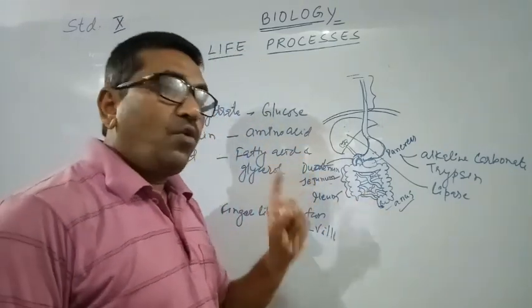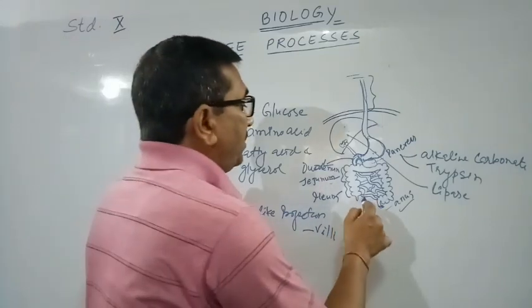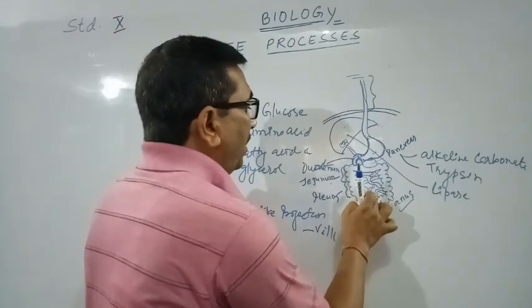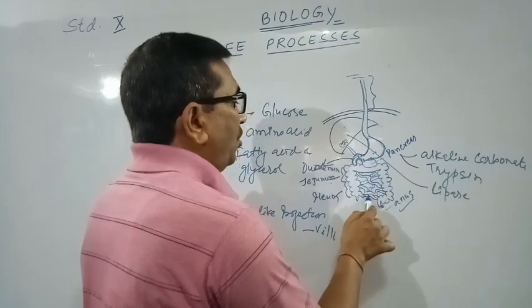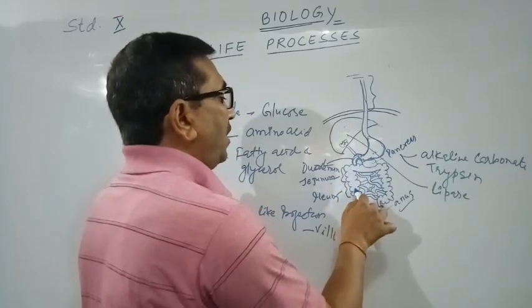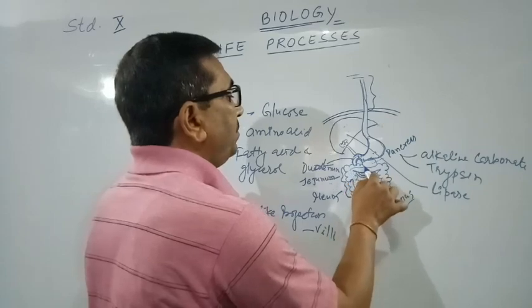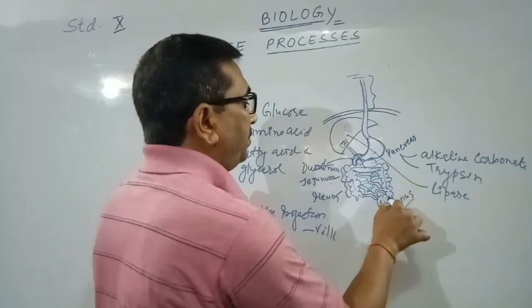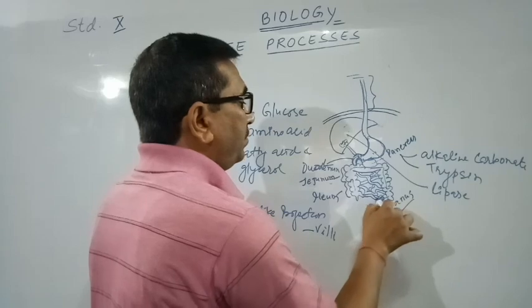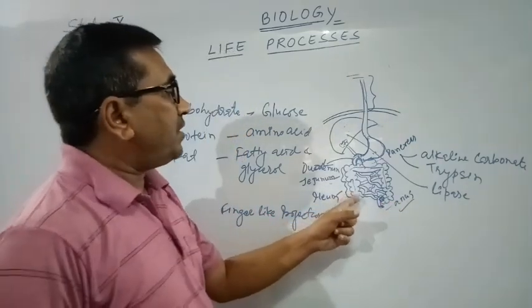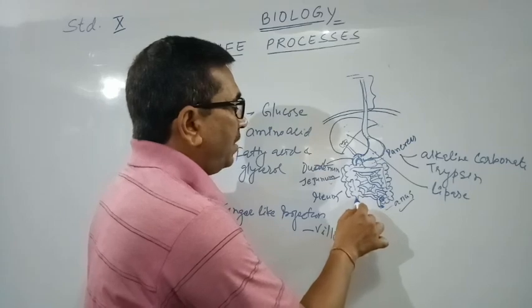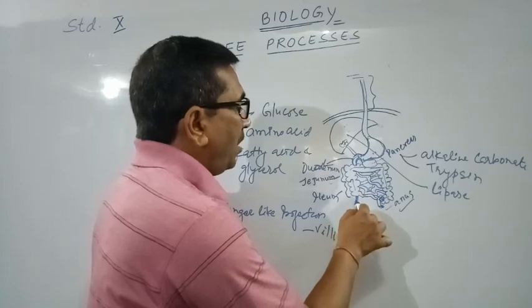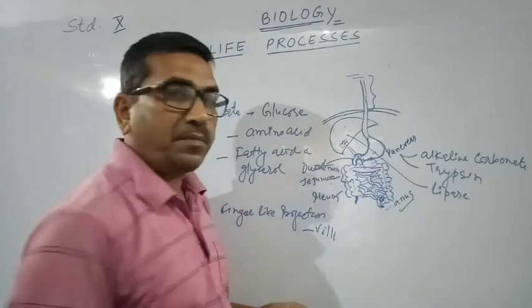From the small intestine, the food enters the large intestine. This is the appendix. It actually has no use in our digestive system.